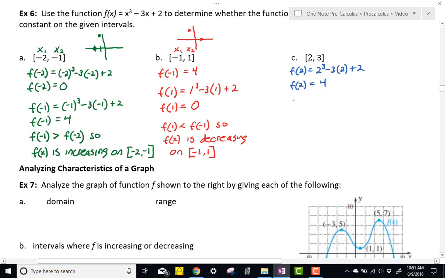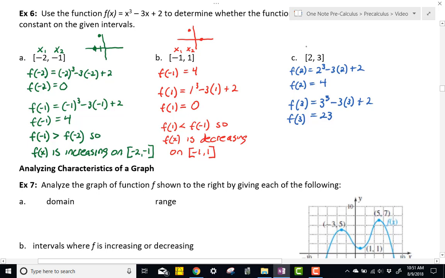Then we need to do f of 3. F of 3 is going to equal 3 cubed, that's 27, minus 3 times 3. So 27 minus 6 is 21, and 21 plus 2 is 23. So f of 3 equals 23.